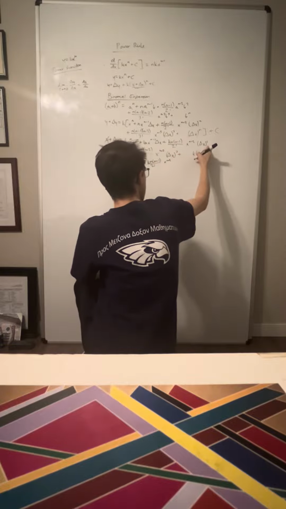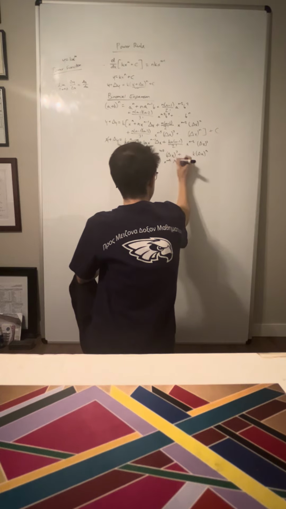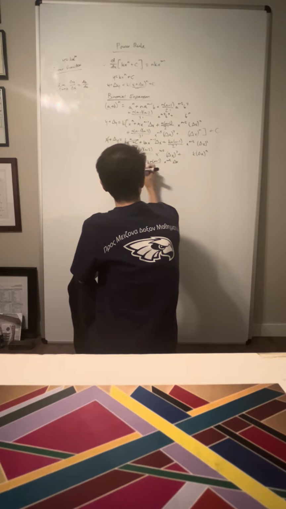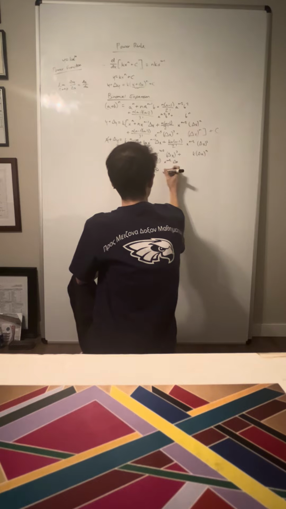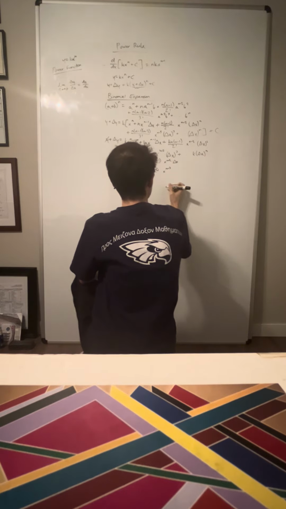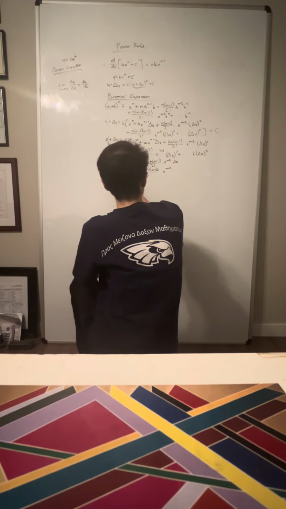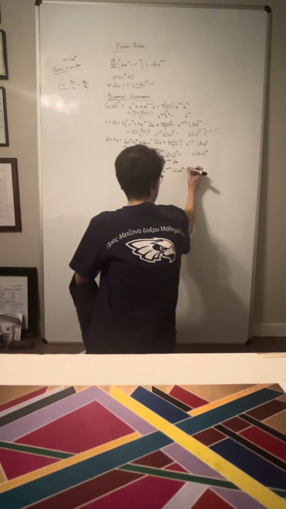And notice the delta x squared divided by delta x is just going to give us delta x. And now onto the cubed part, we're going to add plus kn times n minus 1 times n minus 2 over 3 factorial times x to the n minus 3. And delta x cubed divided by delta x is going to be delta x squared.